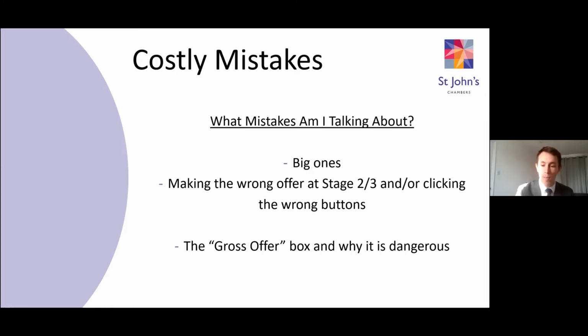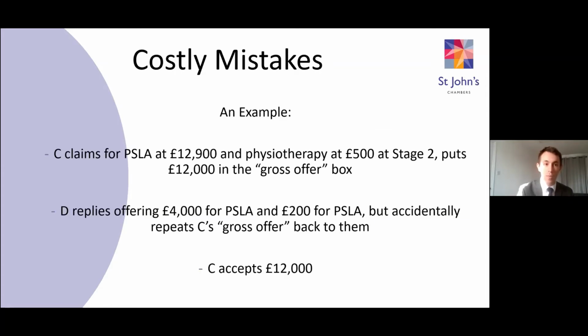Perhaps best to start with an example, and this is the most straightforward example I can think of. Let's say the claimant claims PSLA, within any portal as they currently stand, at 12.9, physiotherapy at 500, but they put 12,000 in the gross offer box.